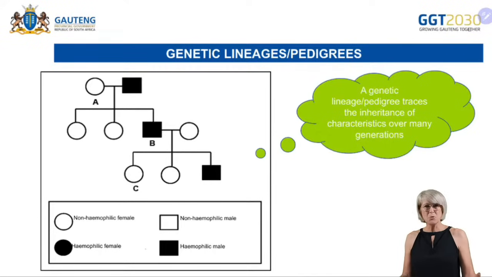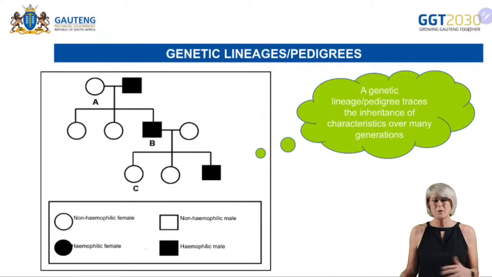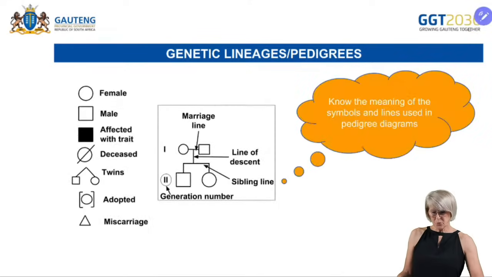So we usually have more than one generation, and we can trace how the characteristic, whether it be a disorder or any kind of characteristic, is passed on from one generation to the next.